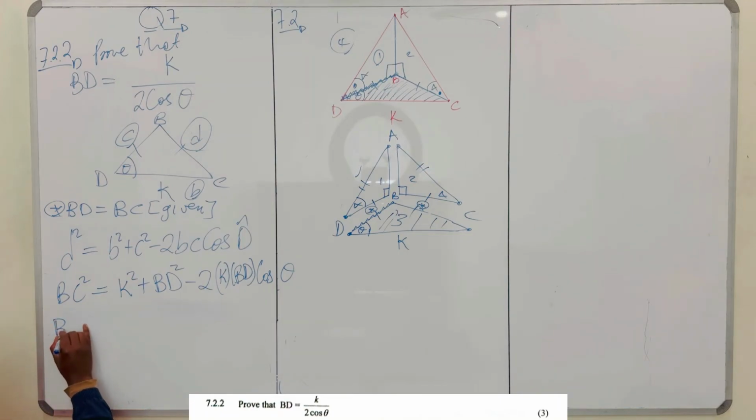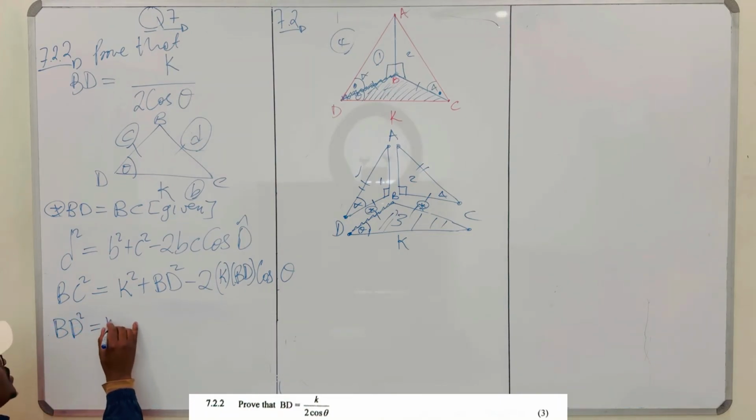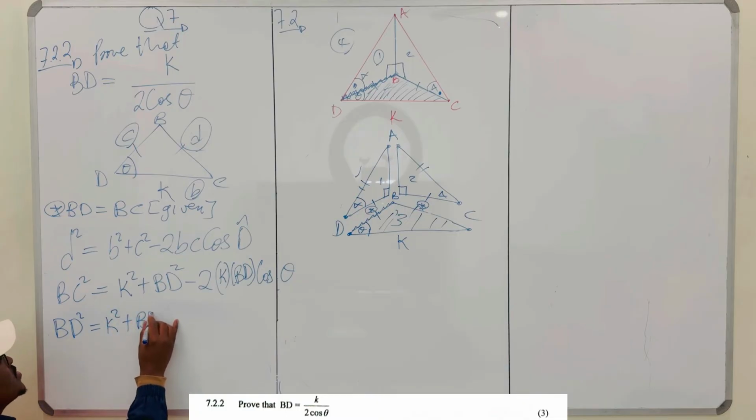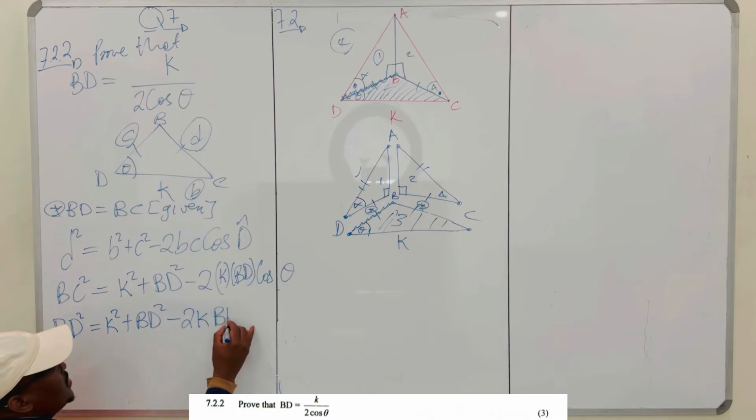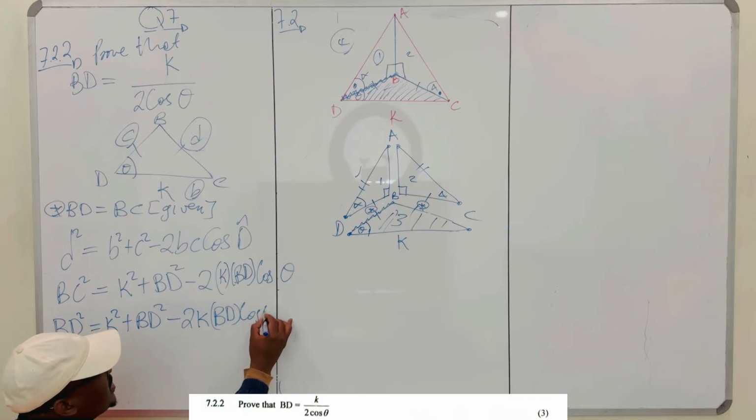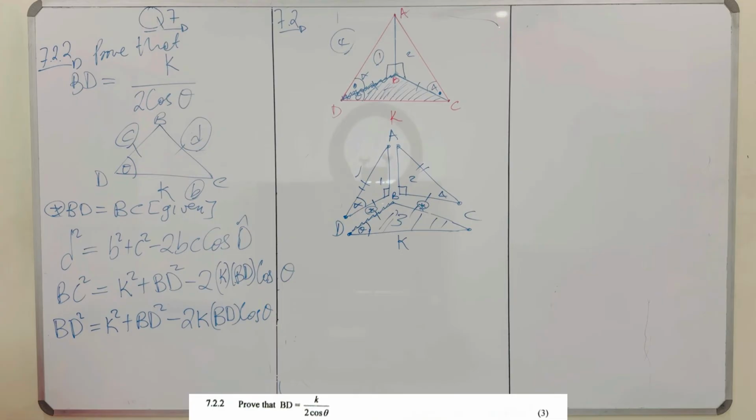So you can say your bd squared is equal to your k squared plus your bd squared minus 2k bd cosine of theta. So let's transpose these to this side.